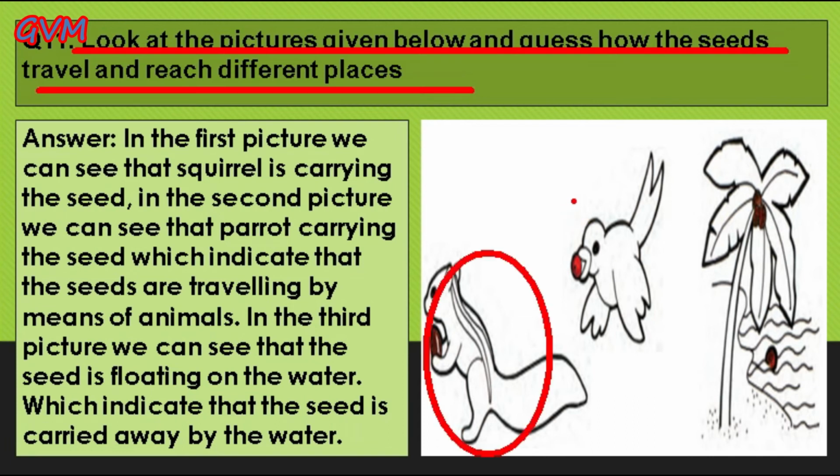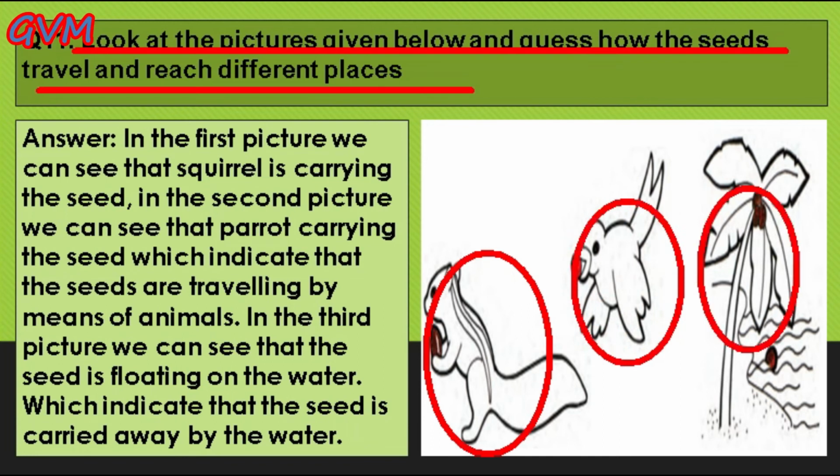In the second one, a parrot is carrying the seed, and in the third one, the seed is floating on the water. Students, the first and the second image indicate that seeds are traveling by means of animals, and the third image indicates that the seed is also carried by the help of water from one place to another. And that's how seeds are generally scattered to different places.